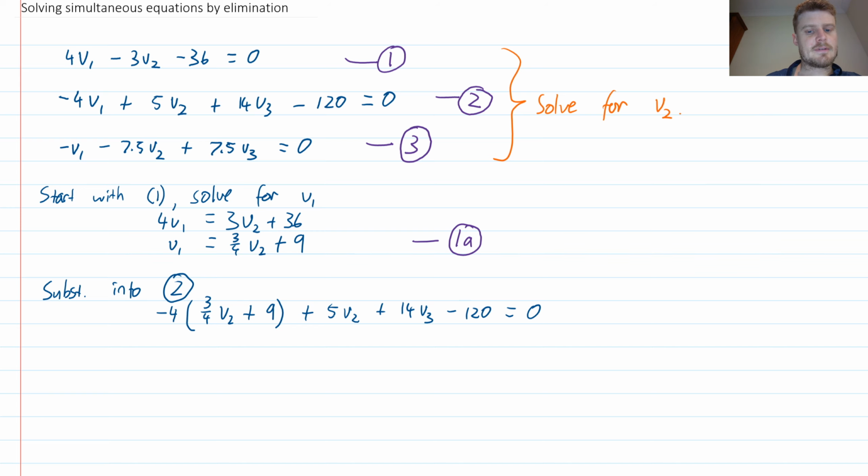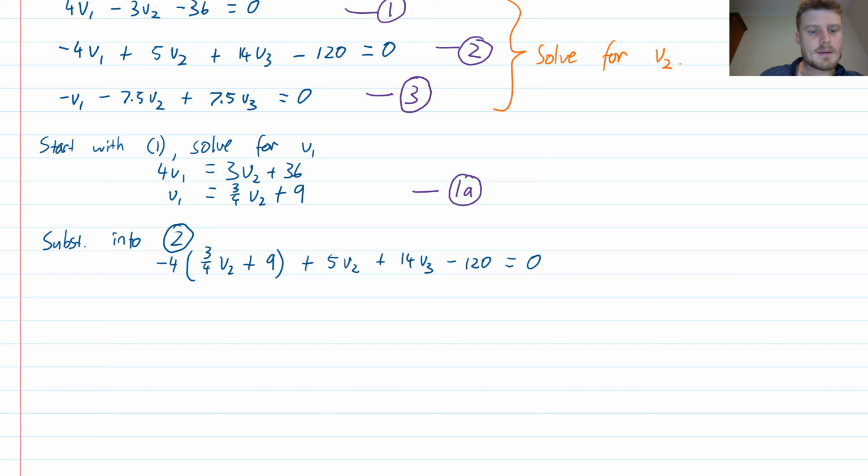And then I can just simplify this a little bit. So I will have minus 3 v2 minus 36 plus the rest, 5v2 plus 14 v3 minus 120 equals 0.